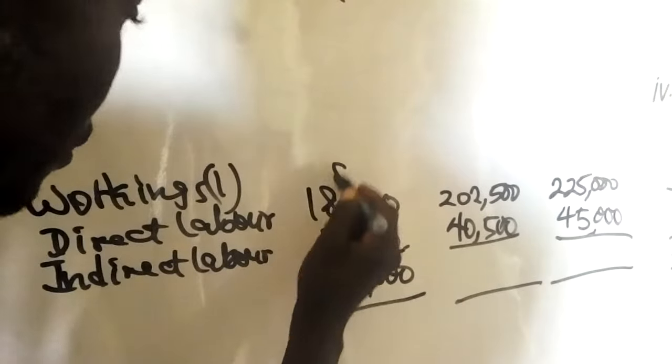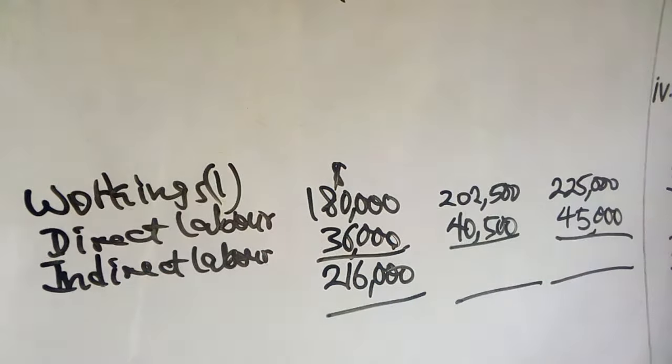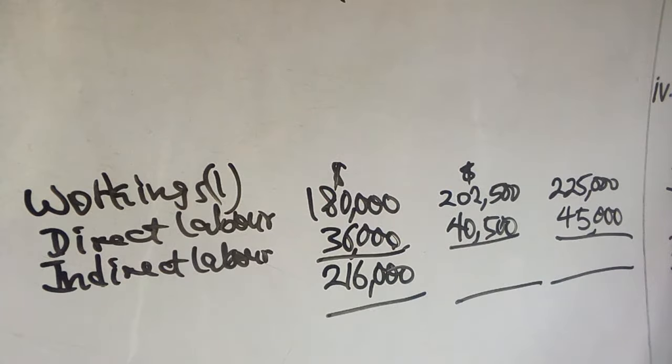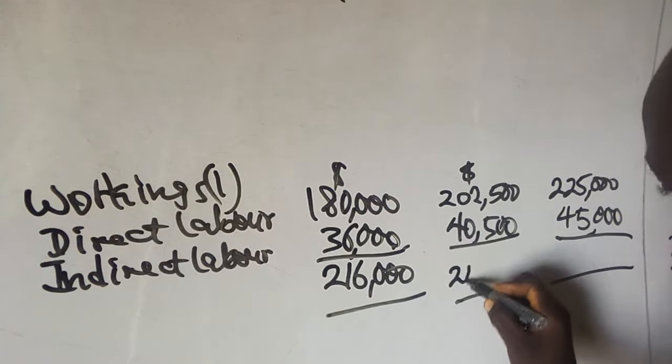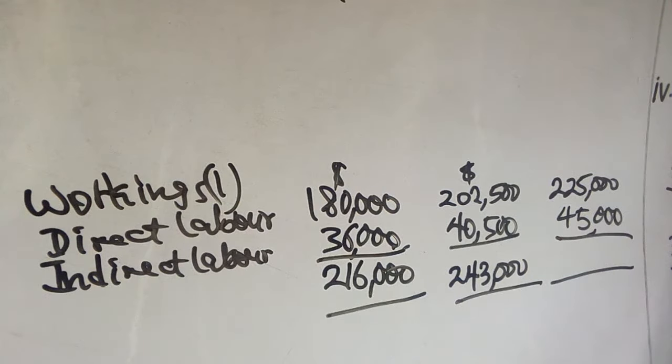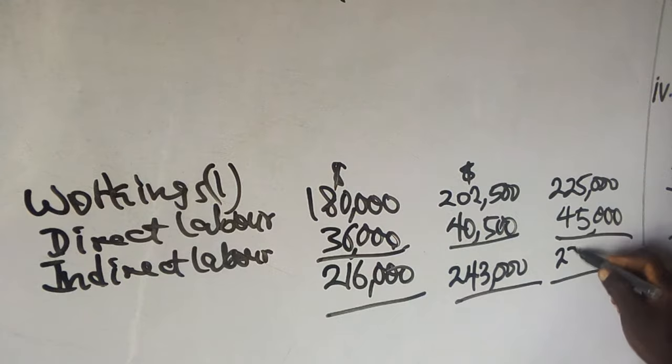Then we have 202,500 plus 40,500, and that is 243,000. Then we have 225,000 plus 45,000, and that will give us 270,000.